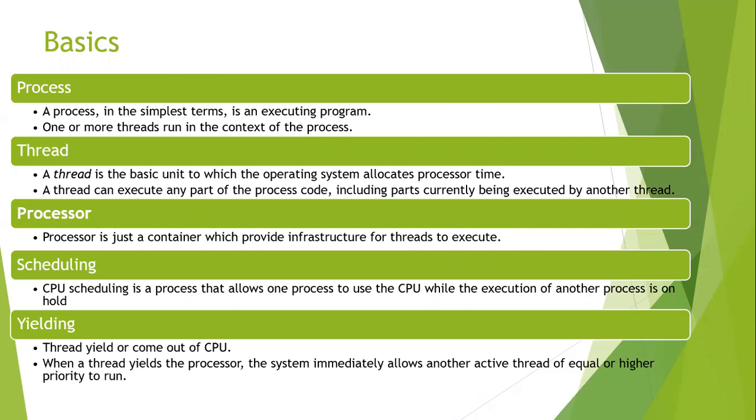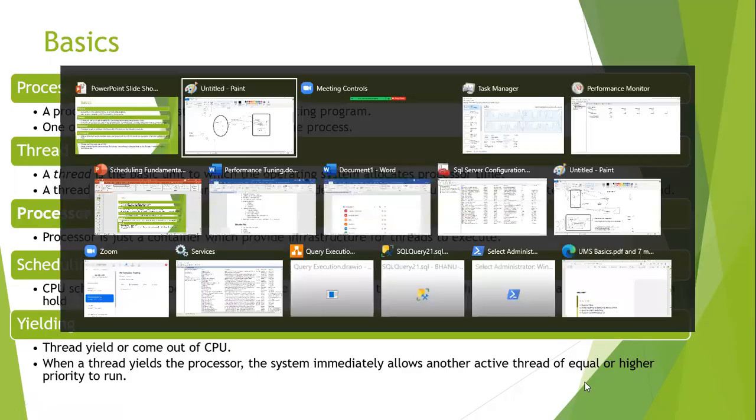Stop there and come out, the same way as in a group discussion. When a thread yields the processor, the system immediately allows another active thread to run, so it schedules another thread on the CPU.